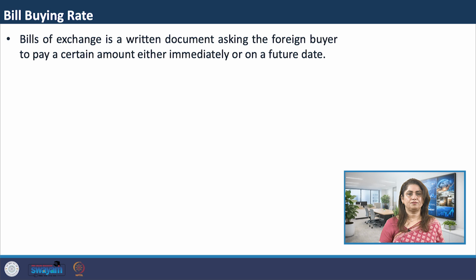Now let us step into a more complex scenario, which is bill rates. Consider an exporter who has shipped goods to a foreign buyer. After shipping the goods, the exporter prepares a bill of exchange, which is a written document asking the foreign buyer to pay a certain amount, either immediately or on a future date.